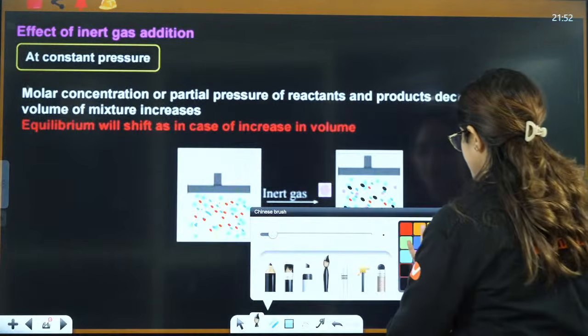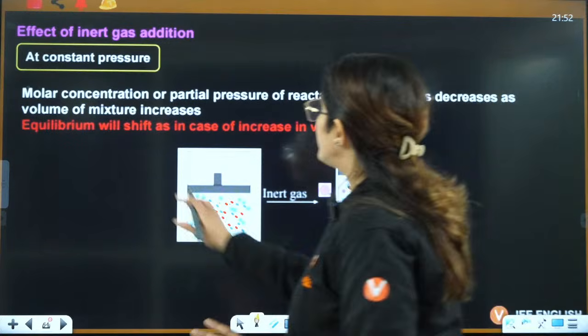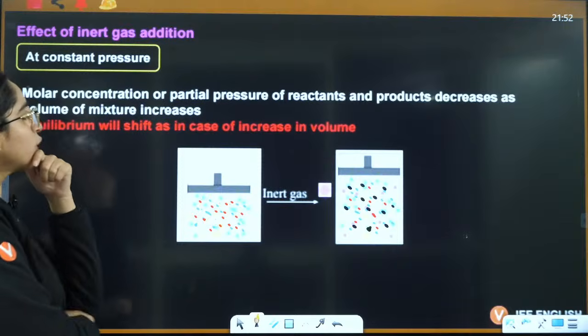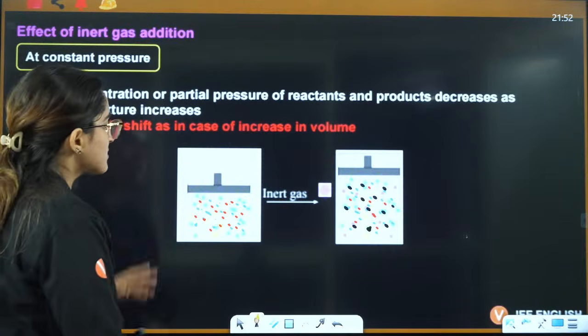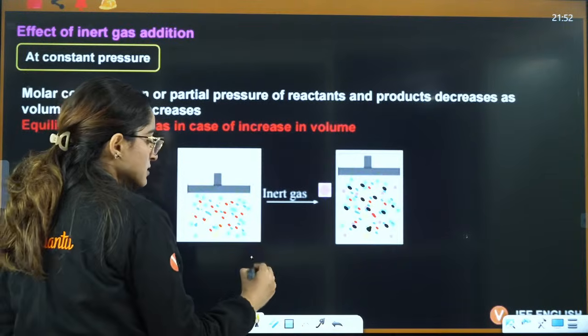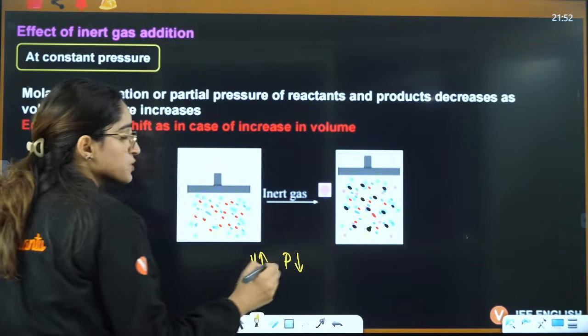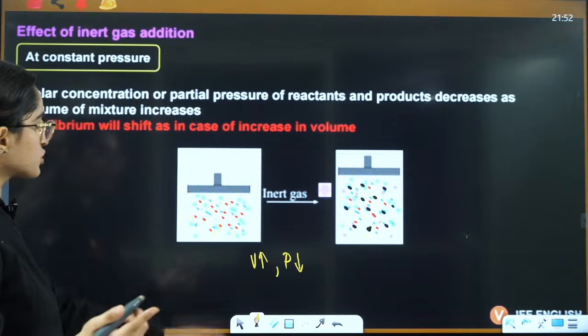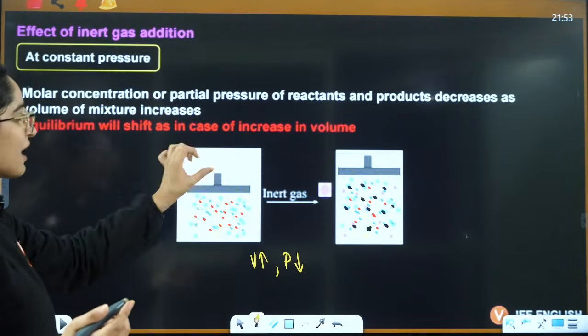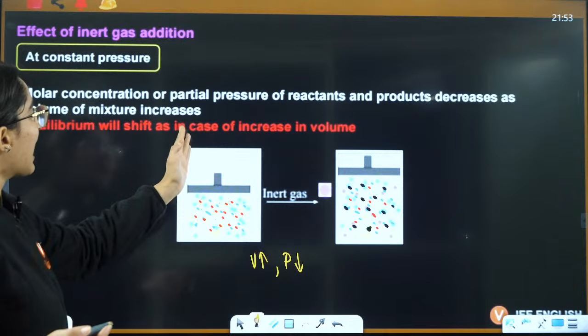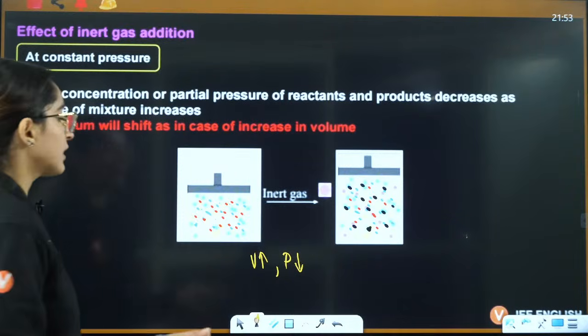Let's see. This is important. Molar concentration or partial pressure decreases as the volume of the mixture increases. You can see volume is here increasing. If volume increases, partial pressure decreases because volume and pressure are inversely proportional. If partial pressure is decreasing, equilibrium will shift as in the case of increase in volume.